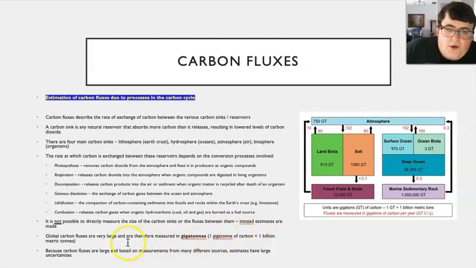We know that the carbon fluxes are very large, so we measure them in something called gigatons. Now, 1 gigaton of carbon equals 1 billion metric tons. That might help a little bit with the conversion ratio there. But because they're large and based on measurements from different sources, and we're estimating, those estimates have large uncertainty levels. You can see some of the estimates in this diagram here.